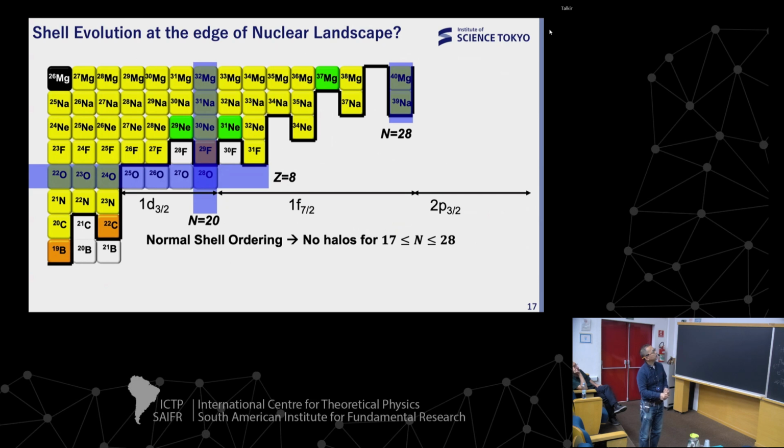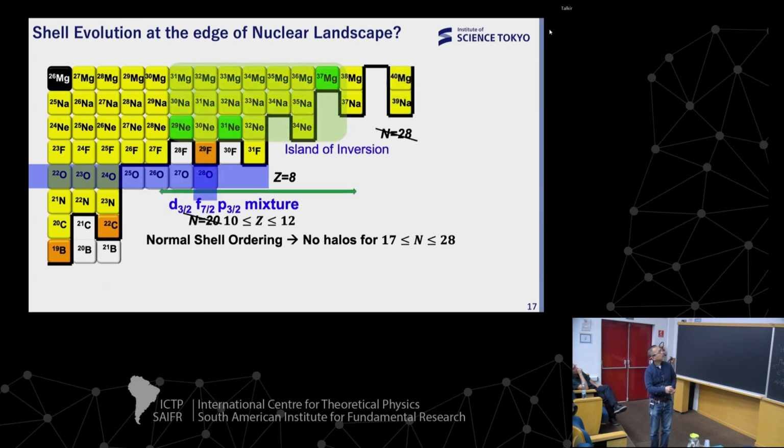But if we believe in normal shell ordering, then we shouldn't have any halos in these regions, because in this region basically f7/2 neutrons are there, right? But now we know that because of the island of inversion, N equal 20 magicity is lost, and there is a mixture between the d3/2 orbital, f7/2, p3/2, everything is mixed here.